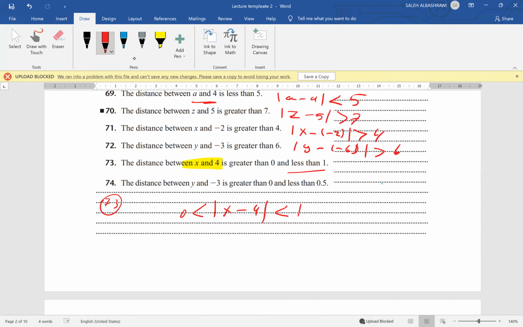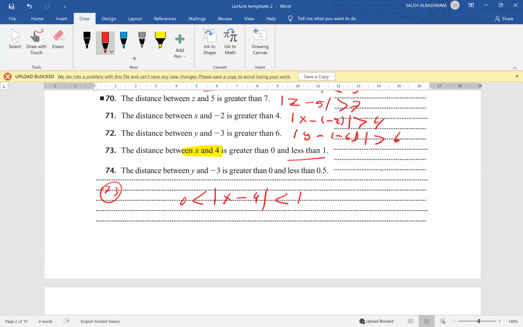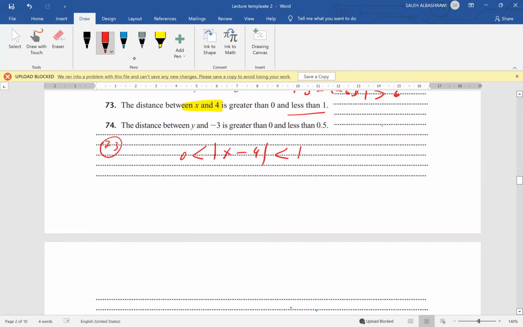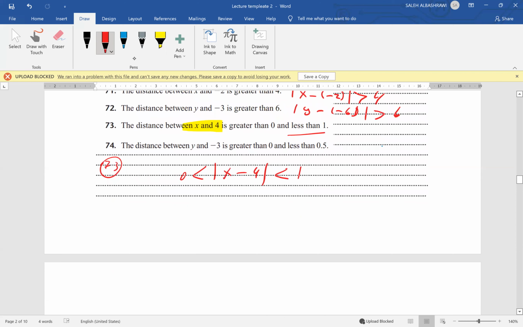Number 74, the distance between y and minus 3 is greater than 0 and less than 0.5. So the distance between y and minus 3 is given by the absolute value of y minus minus 3, greater than 0 and less than 0.5.